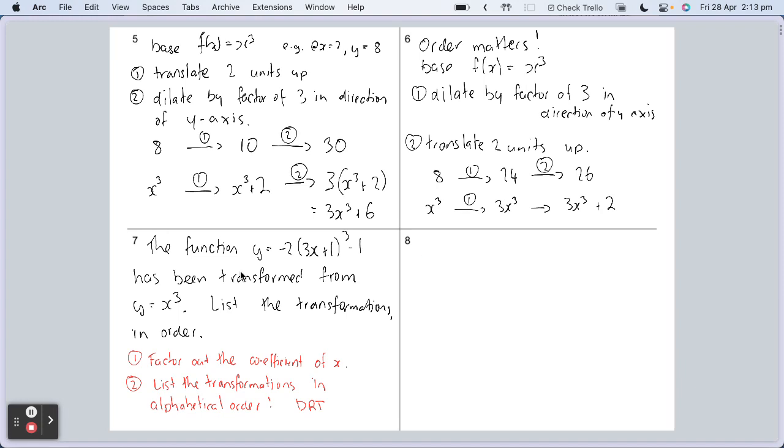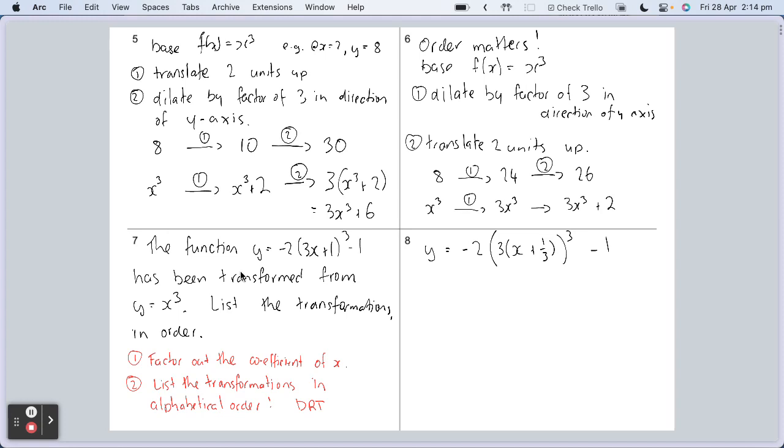So first of all, we take the function and we factor out the coefficient of 3. So it's minus 2 outside of 3 outside of x plus 1/3 all cubed minus 1.